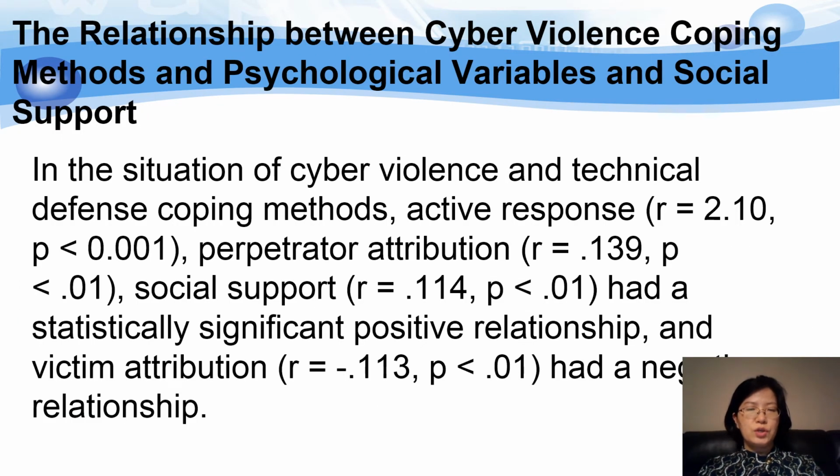The relationship between cyber violence coping methods and psychological variables and social support. In the situation of cyber violence and technical defense, coping methods, active response, perpetrator attribution, social support had a statistically significant positive relationship, and victim attribution had a negative relationship.